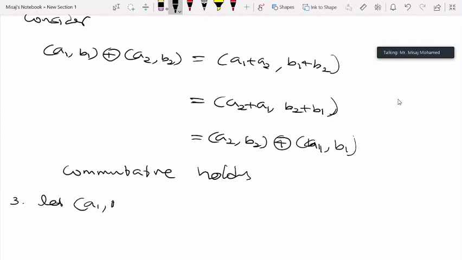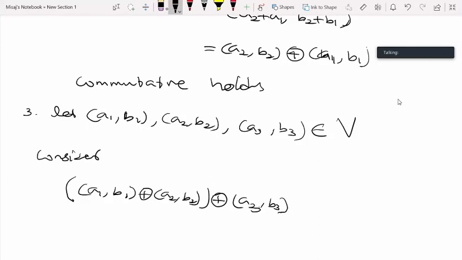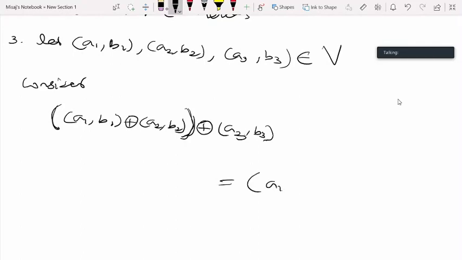Let us take (a1, b1), (a2, b2), (a3, b3) from V. Now consider first (a1, b1) plus (a2, b2). First we add these two, the first two. When we add, what happens? (a1 plus a2, b1 plus b2) plus (a3, b3).